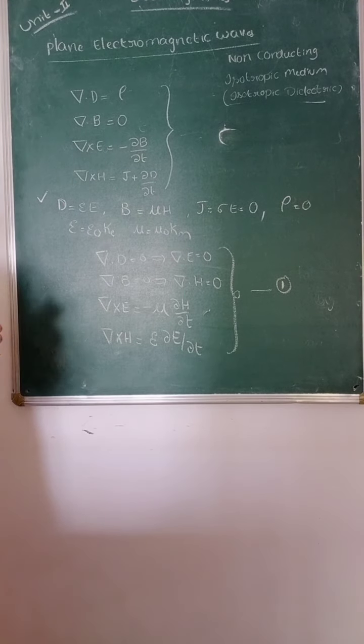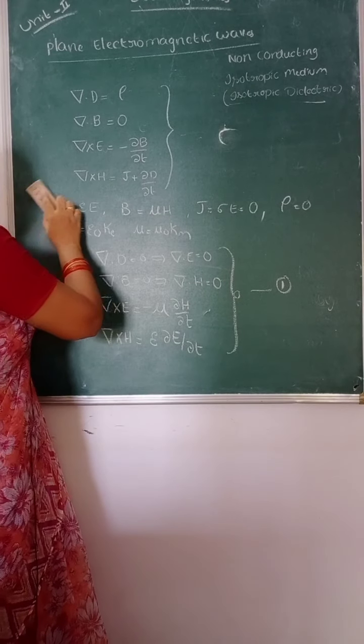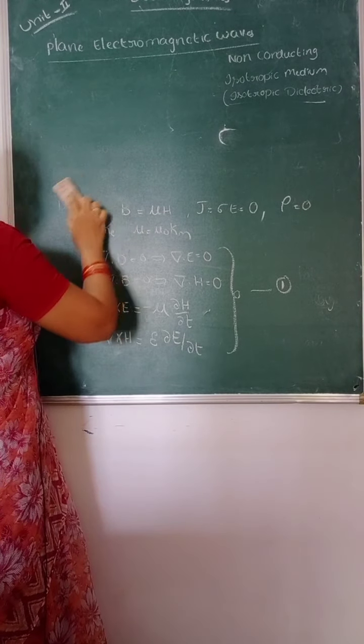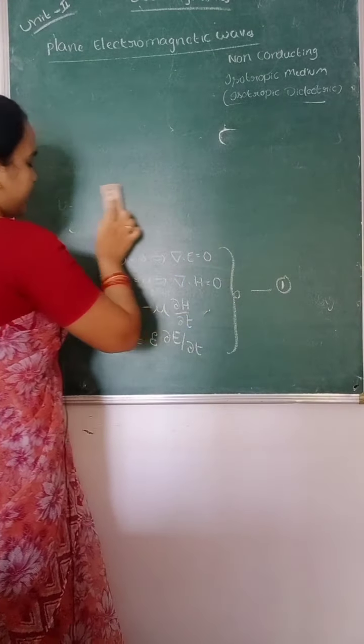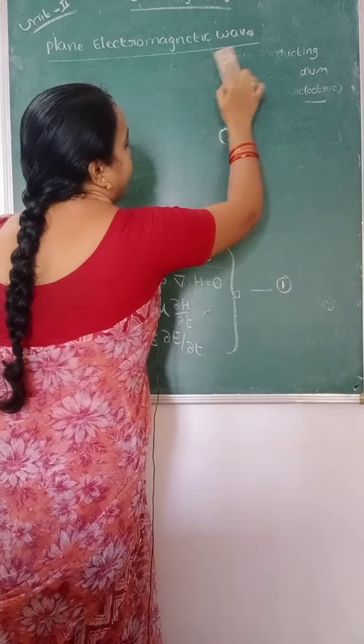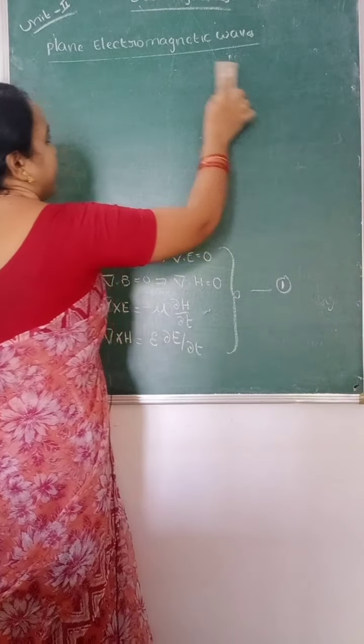Same as usual, first we will find out what are the wave equations, then we will calculate the solutions and calculate the Poynting vector and remaining terms.